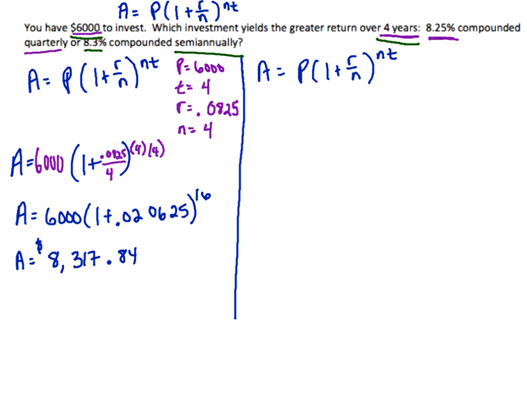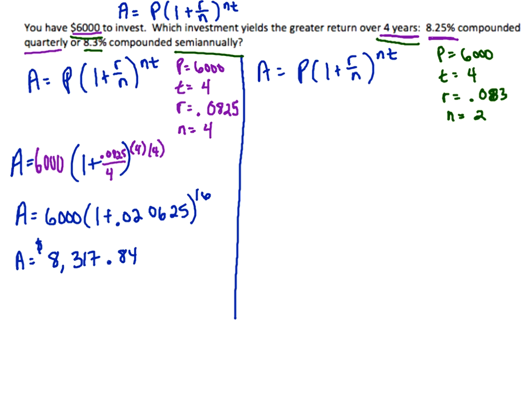Okay, now let's check the other account. So I still have a principal value of $6,000, and my time is going to be for 4 years. The rate with this one is 8.3%, so 0.083, and my compounding times is twice a year.